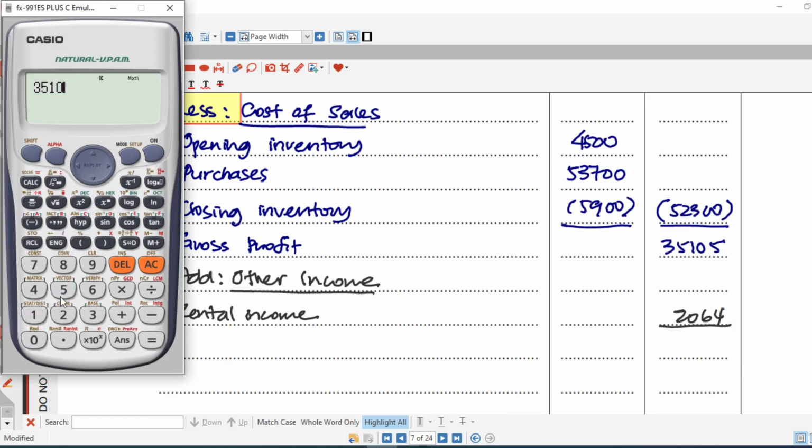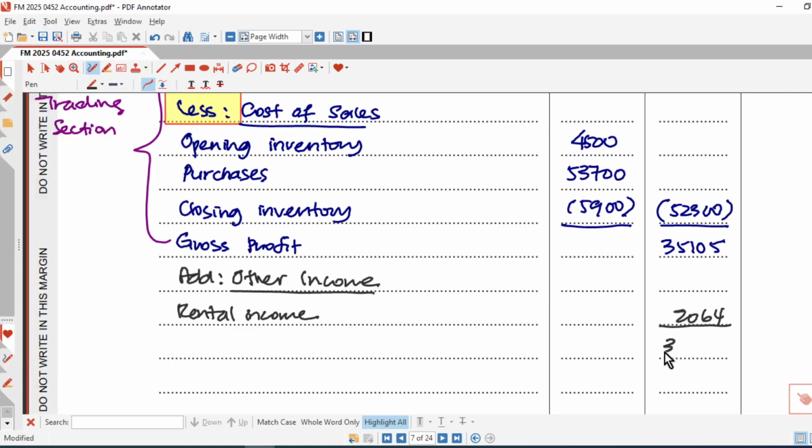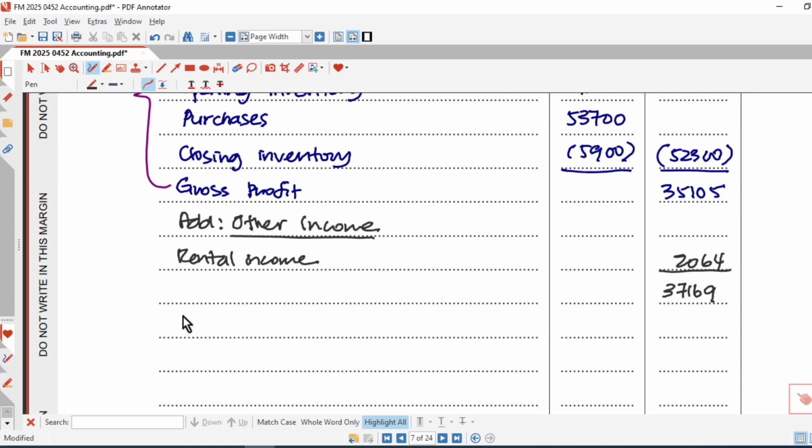So 35,105, we're going to park in the rental income, giving you $37,169. We're not done yet because we still have the expenses to bring in.